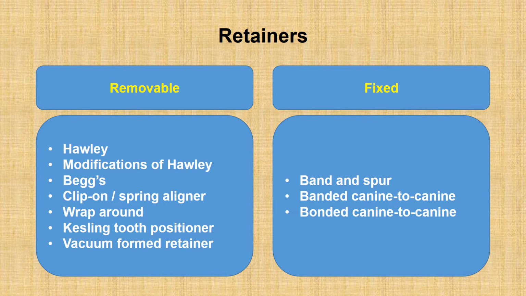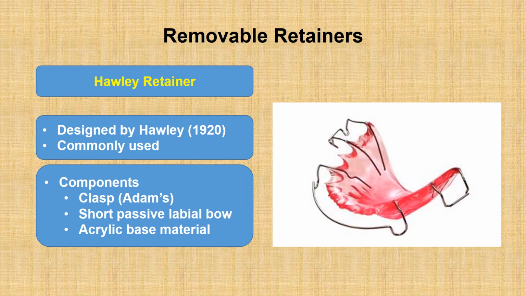Now, retainers can be broadly divided into two groups, which are the removable and fixed retainers. Now, let's look briefly at each of these. Okay, let's first have a look at removable retainers. Now, the Hawley retainer, which was introduced by Hawley in 1920, is a very commonly used retainer.